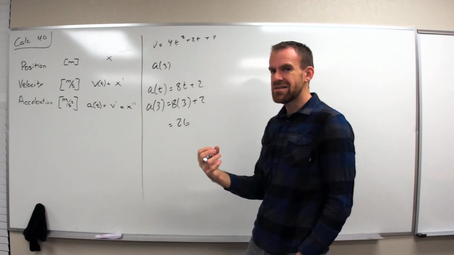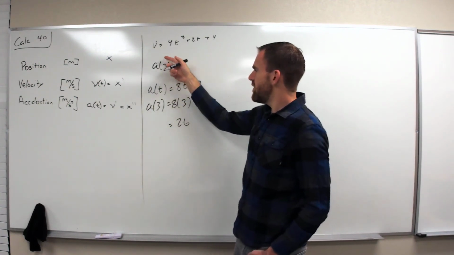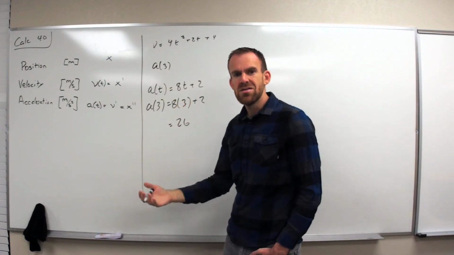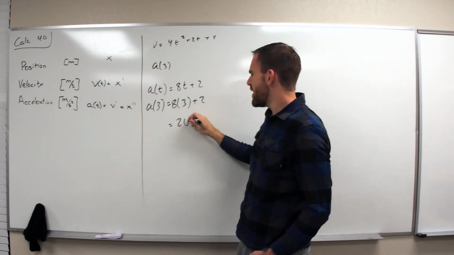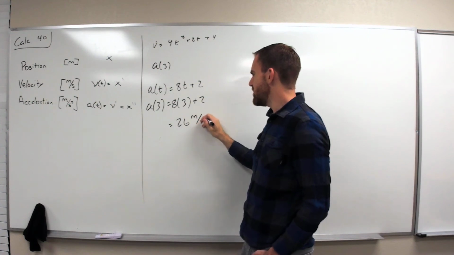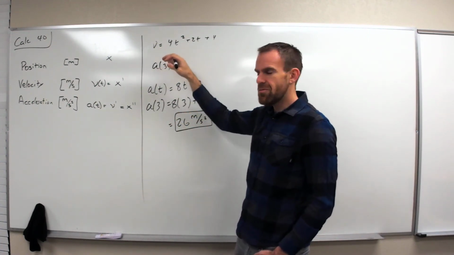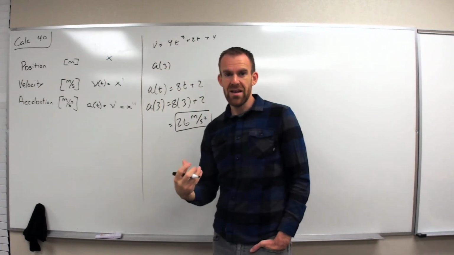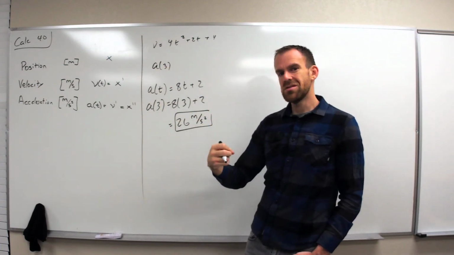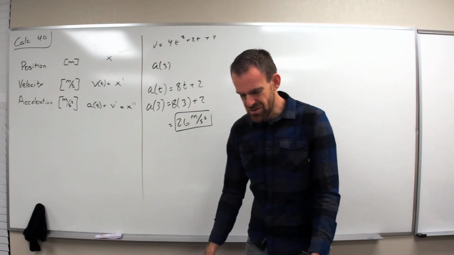So you're dividing by x again. Here, we took the derivative with respect to time, so I have to divide by time again in my solution. So if this is in meters per second, then we're changing that per second. So it's meters per second per second, which is meters per second squared.